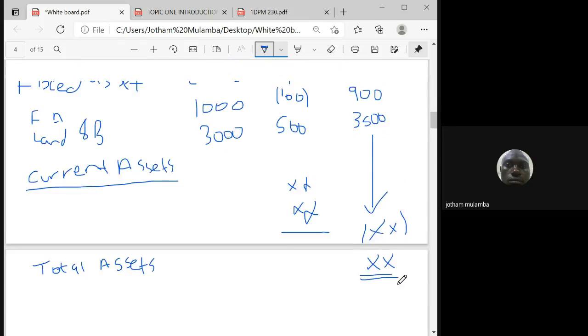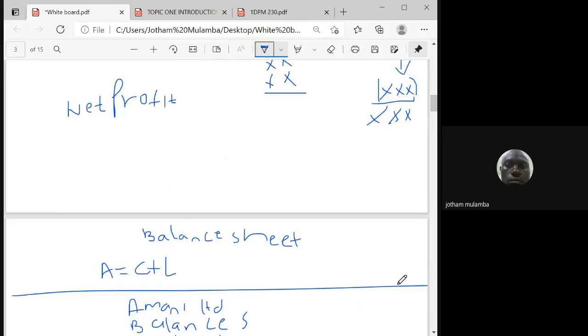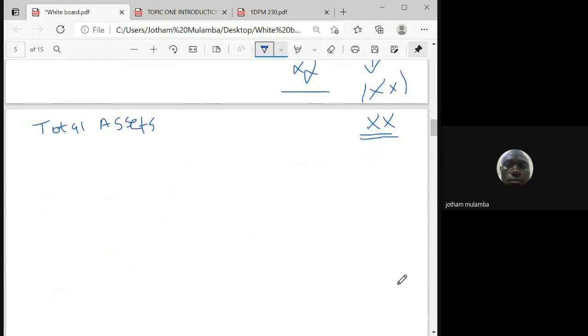Then we go, remember our formula was asset is equal to capital plus liability. So we want to go and look at capital plus liability. So we can start off with the current liability.